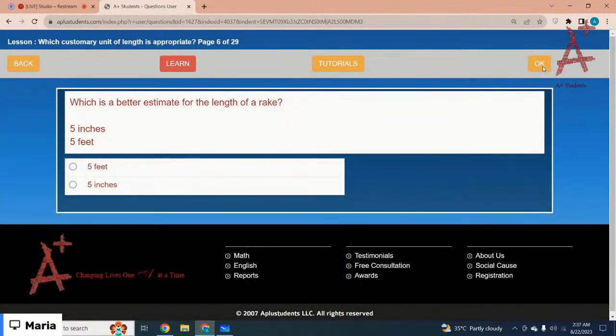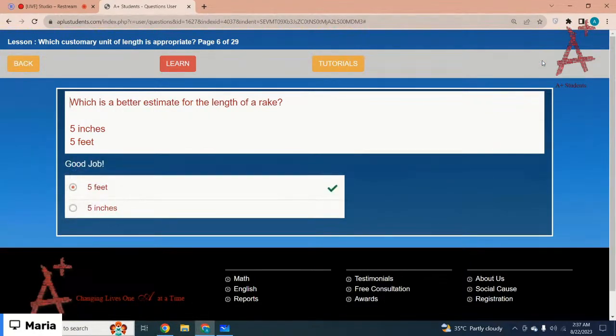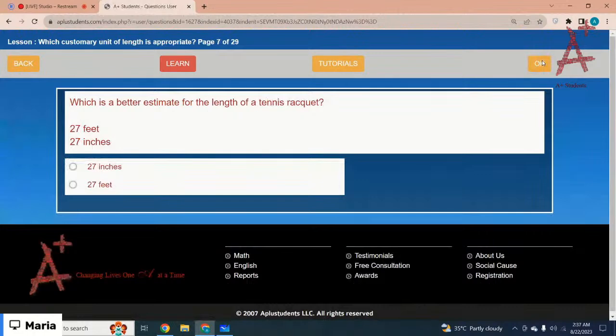Which is a better estimate for the length of a rake? That would be 5 feet, but I think 5 inches is too short for a rake. Okay, yes, that is 5 feet.